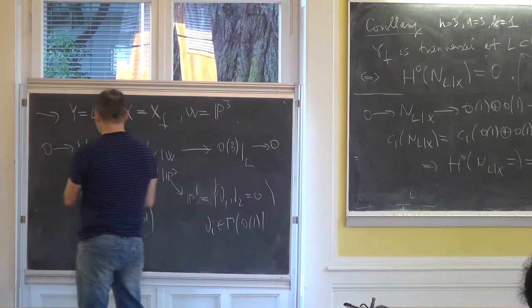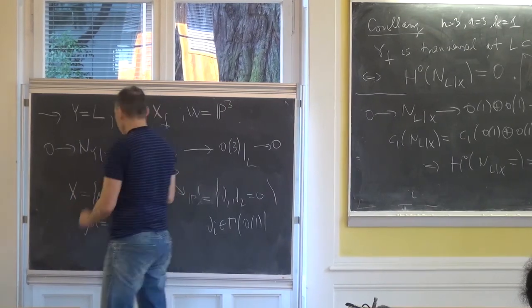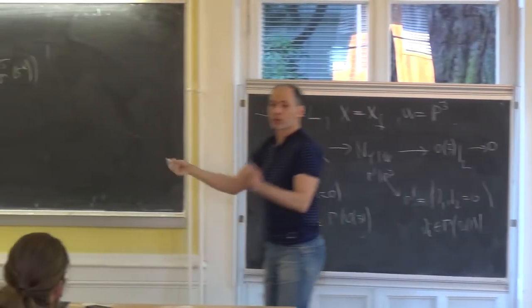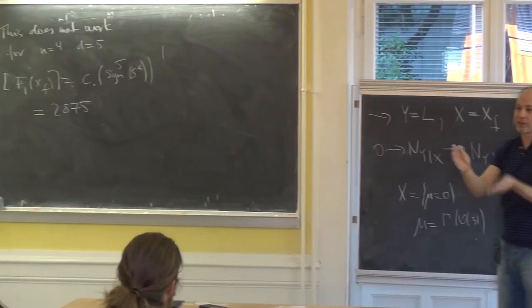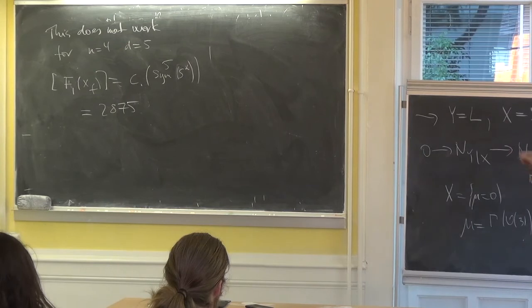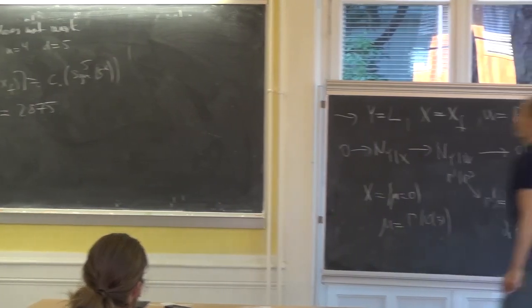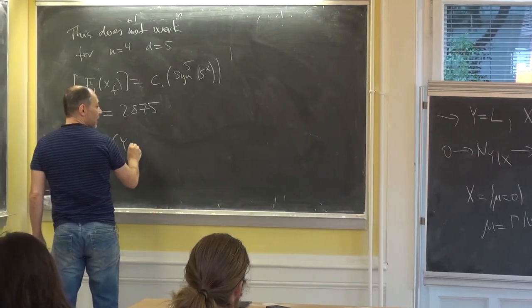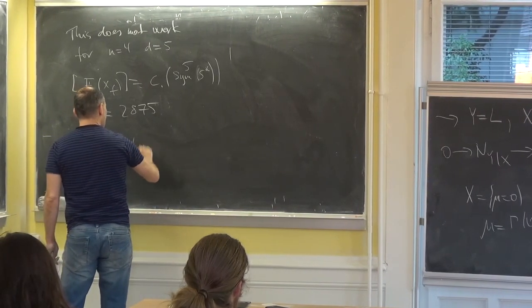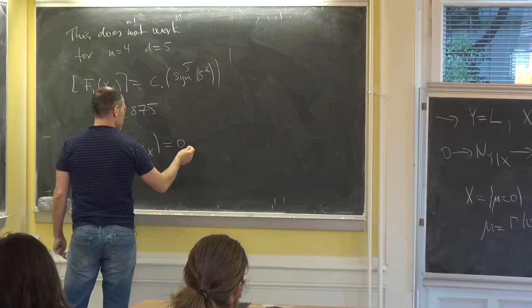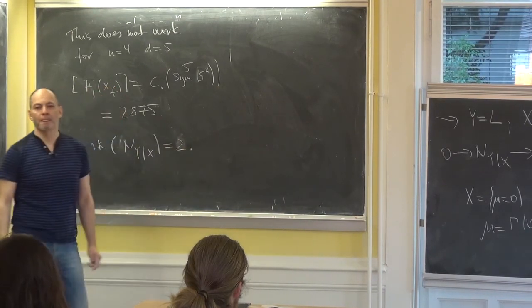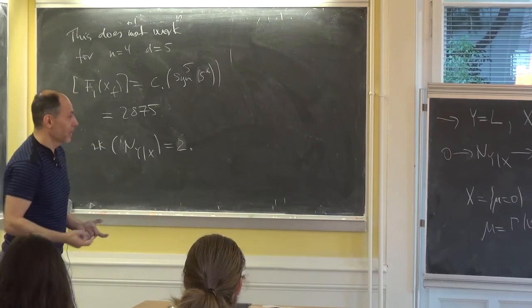But now, of course, the codimension here is 2. Right? You are in 4-dimensional space, so the hypersurface is 3-dimensional, but the line remains a line, so you have 2 dimensions to this. So the rank of the normal bundle N_{Y/X} is equal to 2. So the codimension is 2.